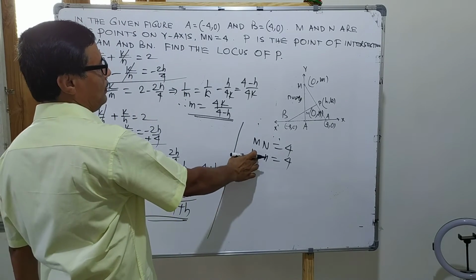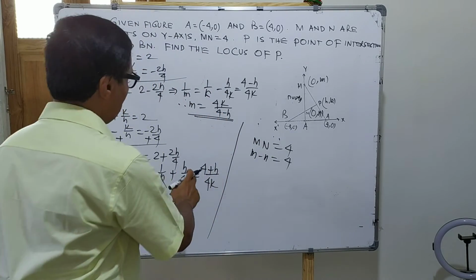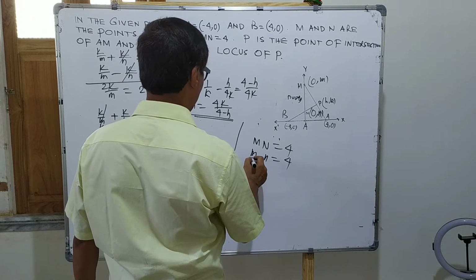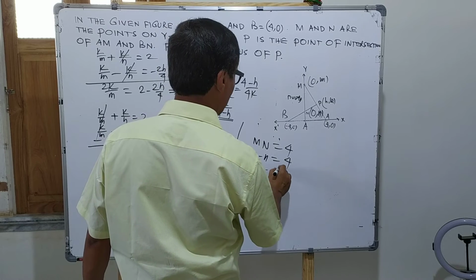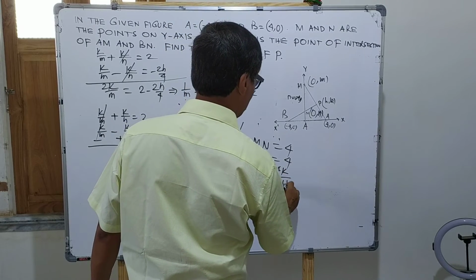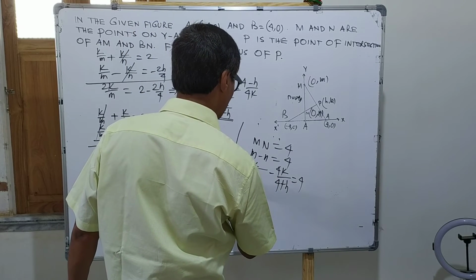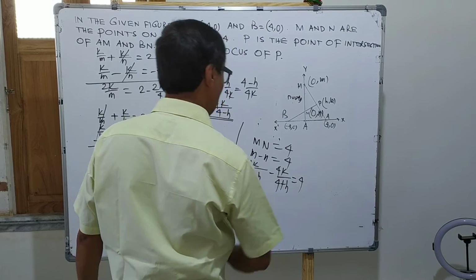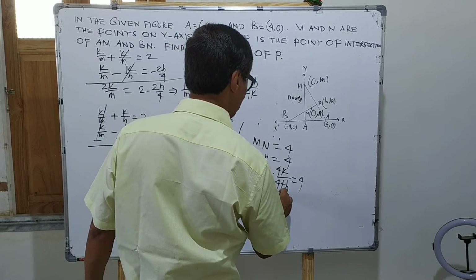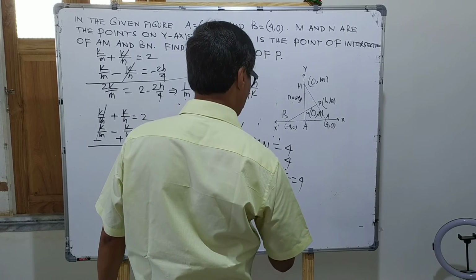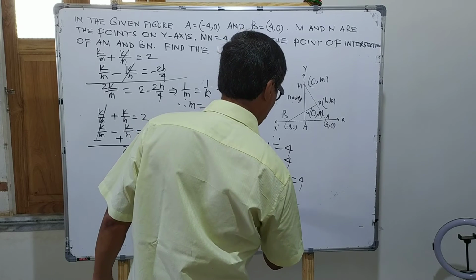Now we can put the values of m and n in this equation. After putting the values, we get 4k over 4 minus h minus 4k over 4 plus h equal to 4. So 4k times (4 plus h minus 4 plus h) over (4 minus h)(4 plus h).